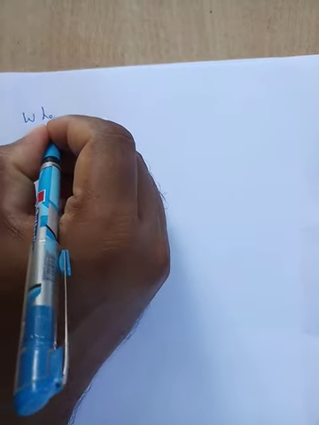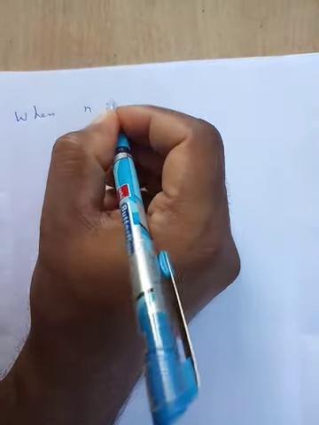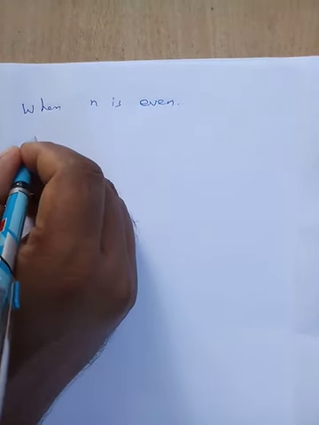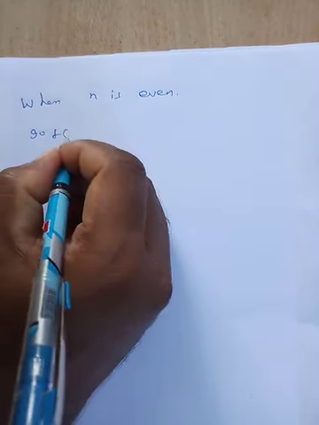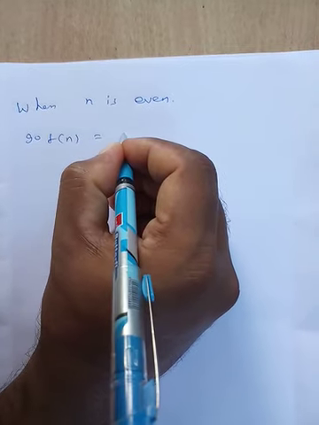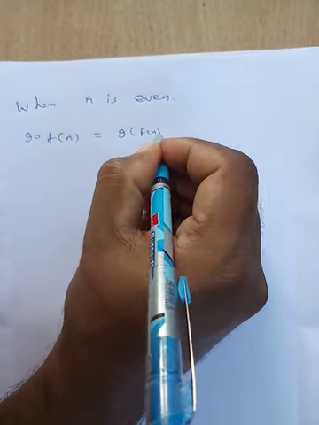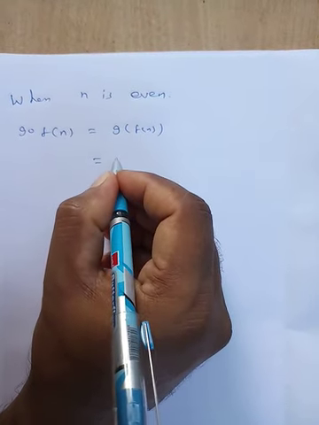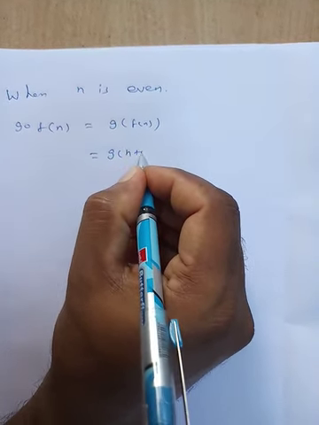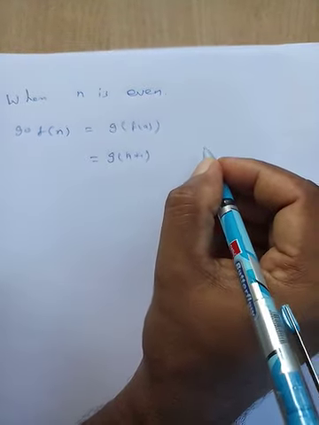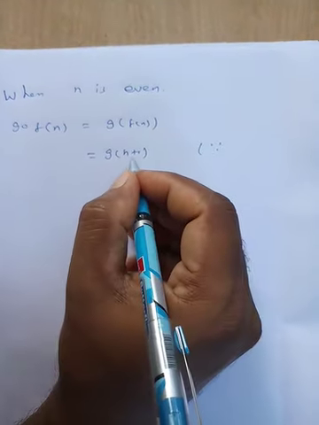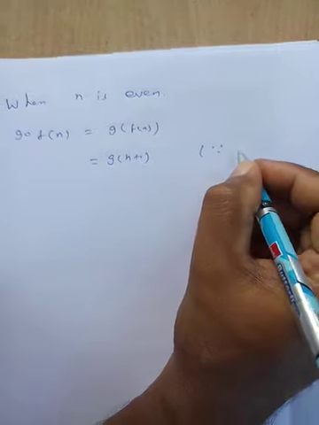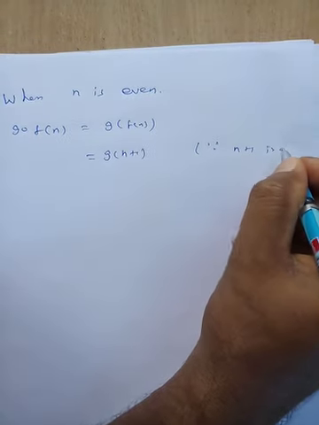Next, when n is even, g composition f of n equals g of f(n). n is even, so the function f gives n plus 1. So g of n plus 1. Now n is even, therefore n plus 1 is odd.